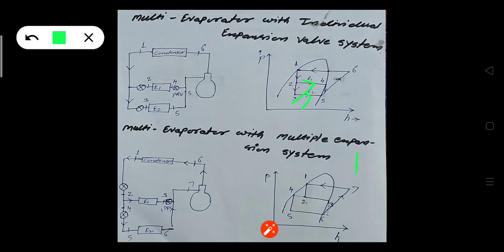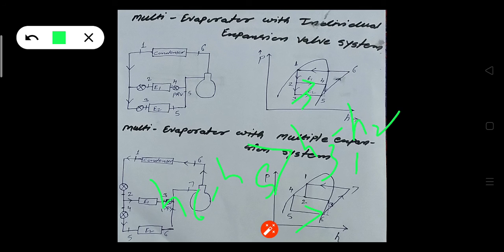But in the multiple expansion system, the lower temperature evaporator E2 gives more refrigerating effect: H6 minus H5 is greater than H3 minus H2, meaning the lower temperature evaporator gives the higher refrigerating effect.